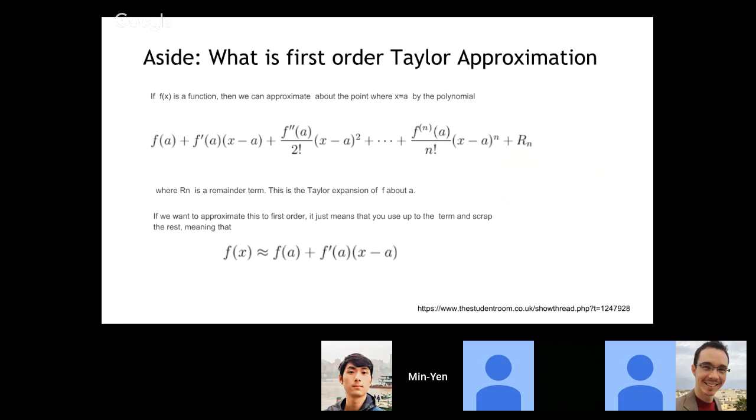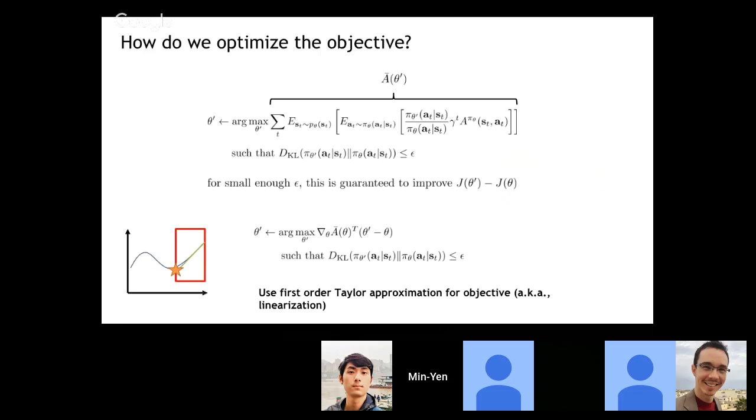As in this slide, if this is a complex function and we choose a small window and approximate it with this linear line, then we can still take a step in this direction because the curve is going there, and we still get an optimal theta even after approximating.